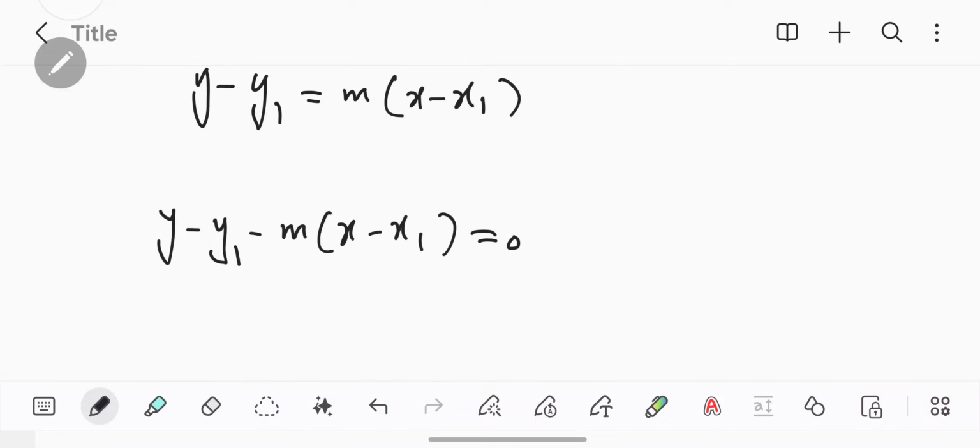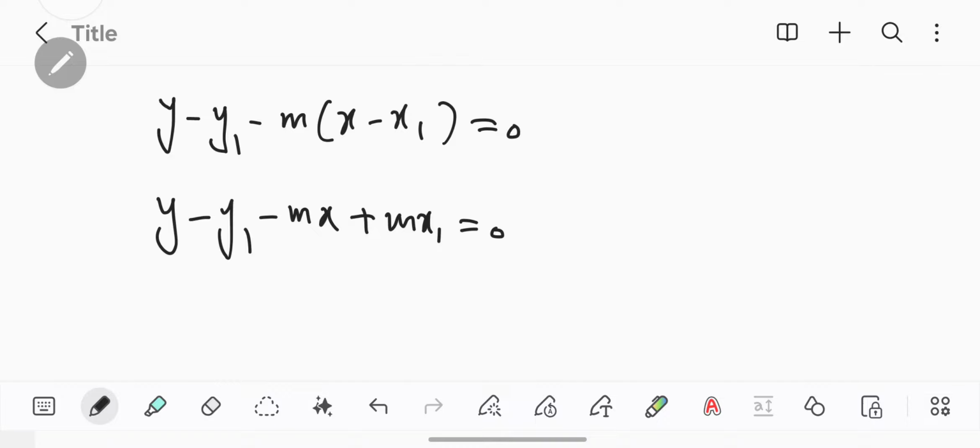Now if I multiply this m inside, what will I get? y minus y1 as it is, minus m times x is mx, minus m times minus x1 is plus mx1, equals 0.